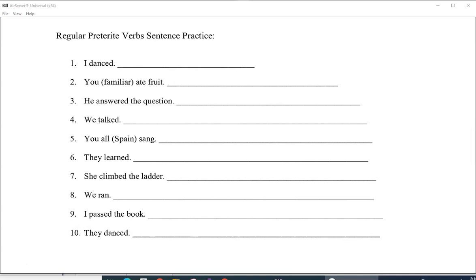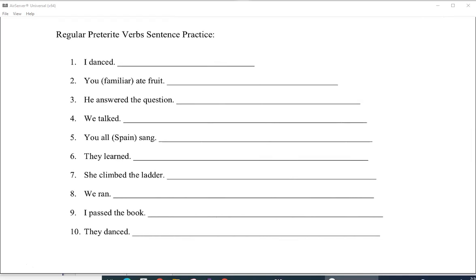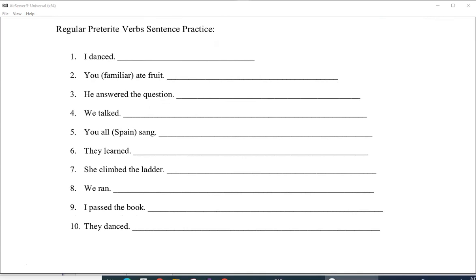Number 1 is I danced. Now remember, your subject pronouns are optional because based on the conjugation of the verb, you're going to be able to tell what box it came out of. But for the purpose of clarification, we are going to go ahead and use our subject pronouns. So I is yo, and then we know danced comes from our infinitive bailar.